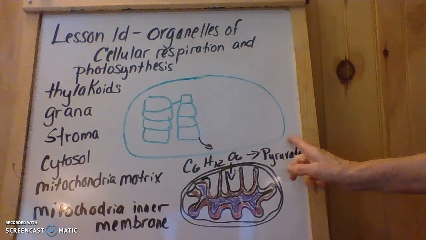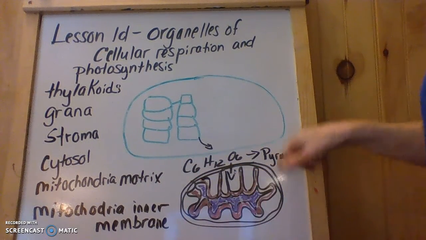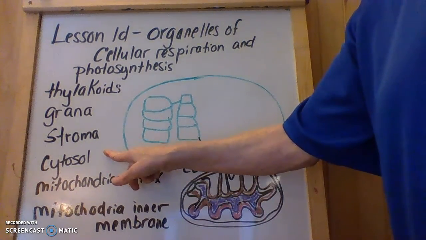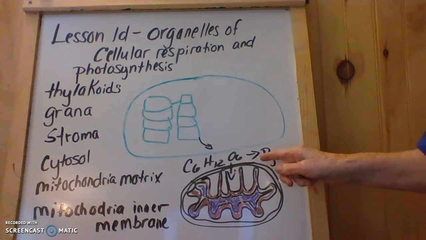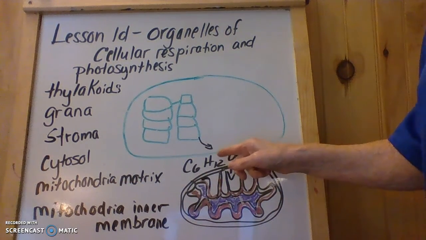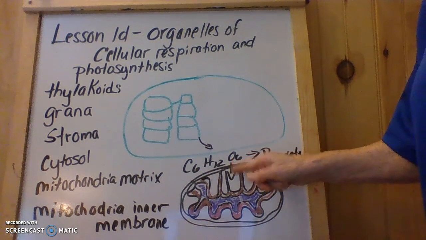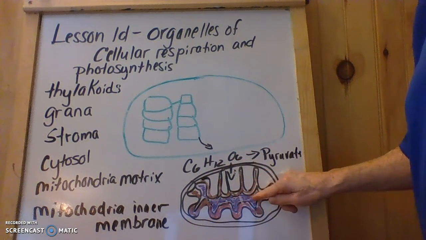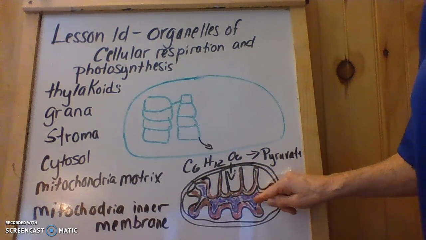Whereas for the animal cell, the fluid around the mitochondria is the cytosol, or cytoplasm. And that is where the first step happens. And that is where a sugar molecule would be broken down into 2 pyruvates. The pyruvate would enter one at a time into the matrix of the mitochondria, and the matrix is where the Krebs cycle itself happens.